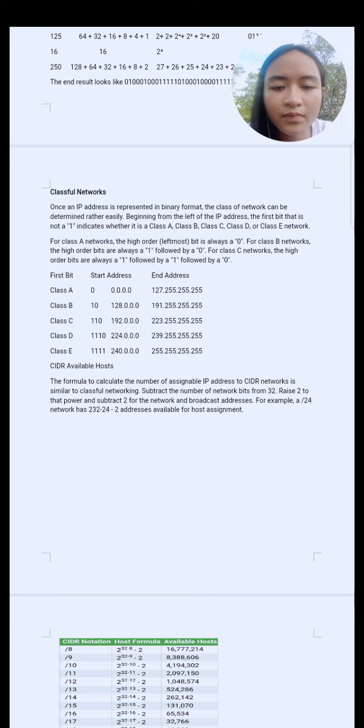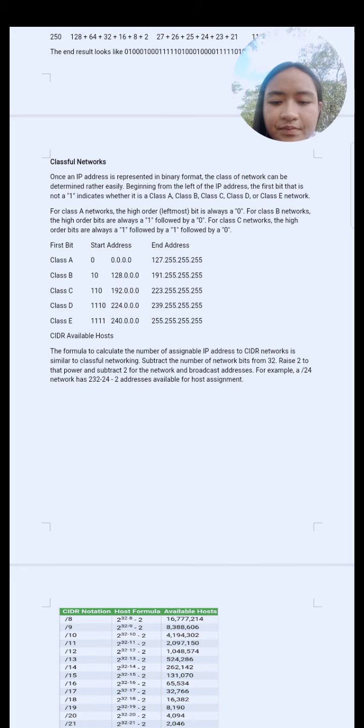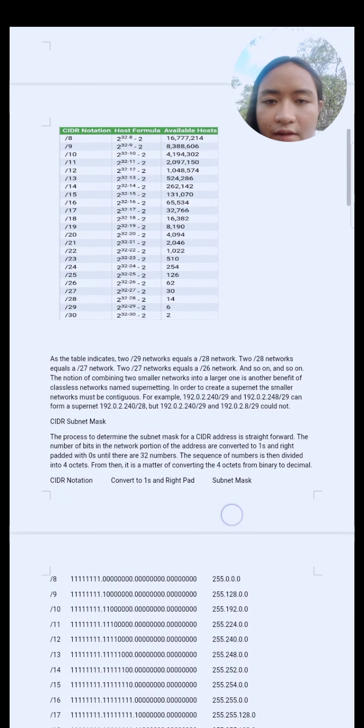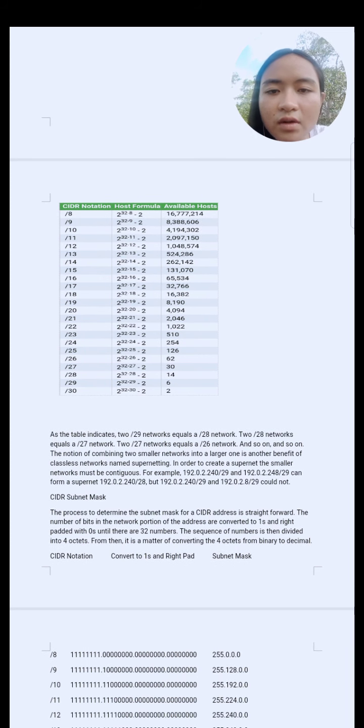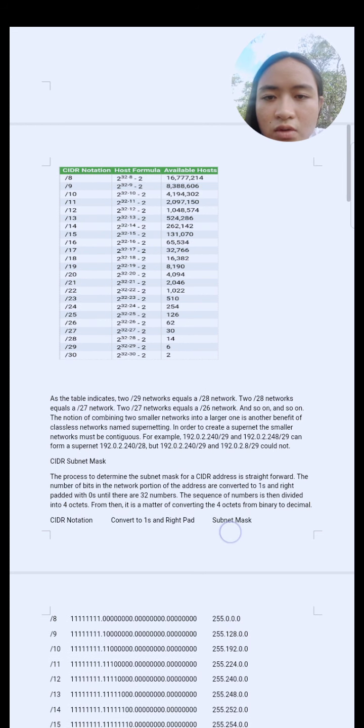For example, a /24 network has 2 to the power of 32 minus 24, minus 2 addresses available for hosts. So what we have here is an example of CIDR notation, and we also have the host formula and then the available hosts.